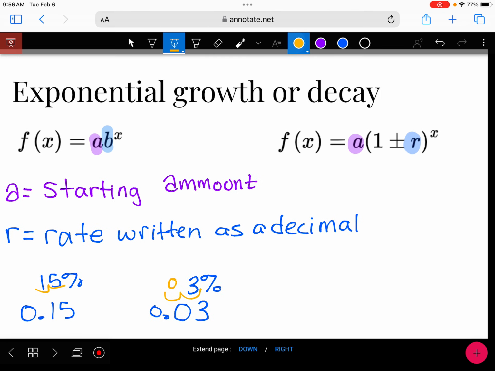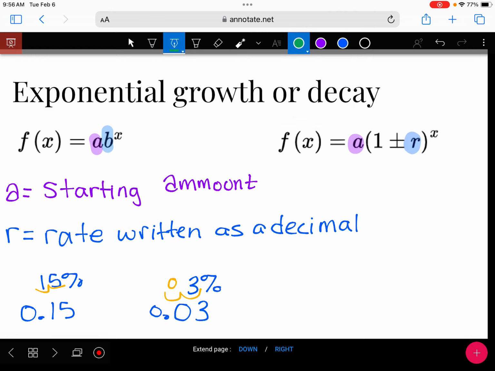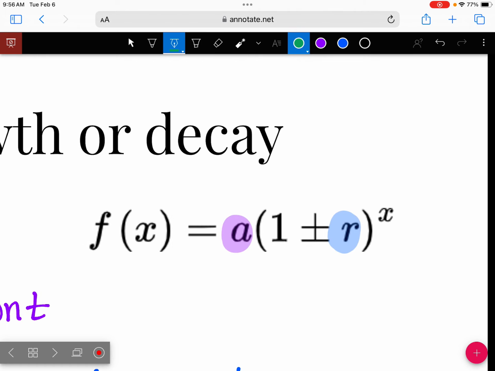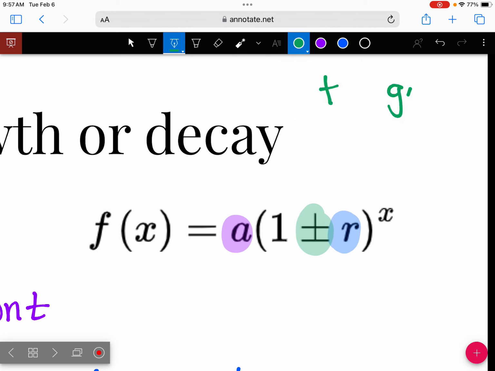The last place in our formula we need to pay attention to is that it's got both plus and minus. So when we're trying to write everything down, we're going to need to make a choice. We will use plus if we're dealing with a story that deals with growth, and we will use minus if we're dealing with a story that uses decay.